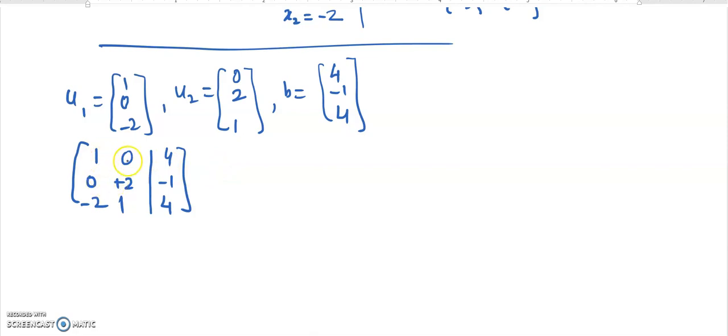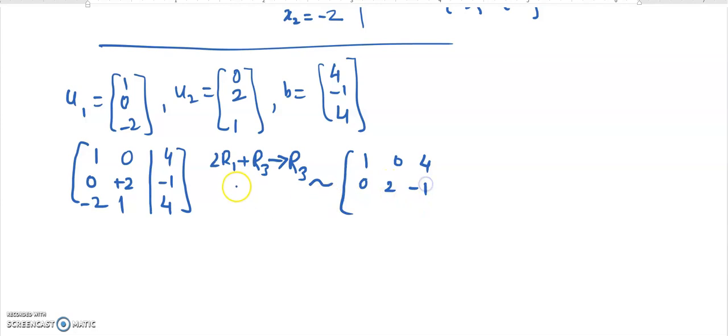Now for this entry, this we need to make 0, so we multiply first row by 1 and then add to the third row, that will be the new third row. So it will be 1 0 4, 0 2 minus 1, and then it will be 0, and then it will be 1, and then it is 4.